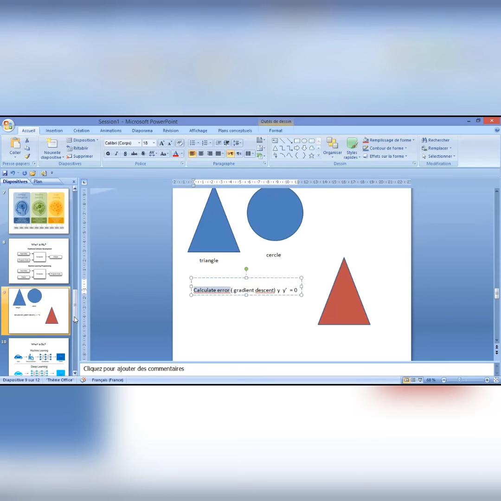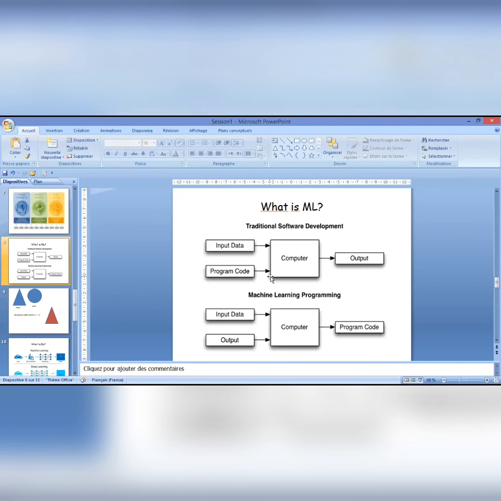Okay, so to repeat, traditional software development is about hard coding the conditions to make the machine able to decide or to classify or to predict. Okay, when it comes to machine learning, you will have to feed in the data and the output.